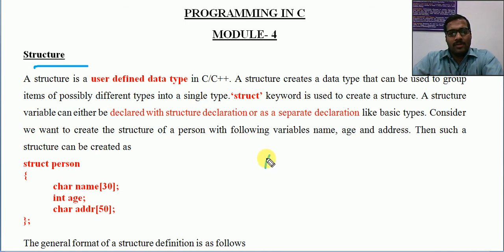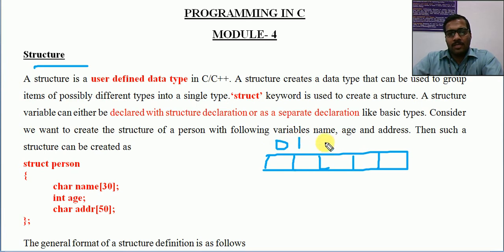So let us see, an array is usually a set of elements. They are stored in contiguous memory locations, and these locations hold values. They are of the same type. The data type is the same for all the values.